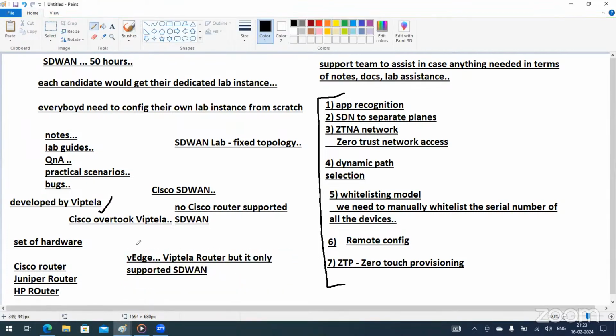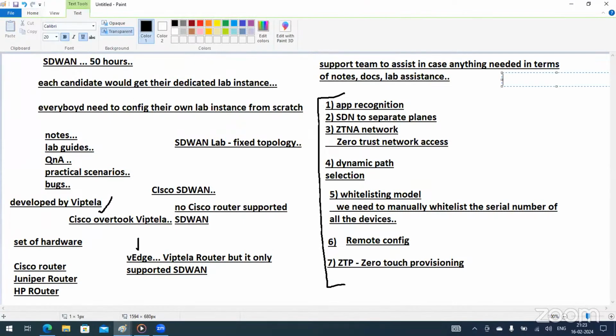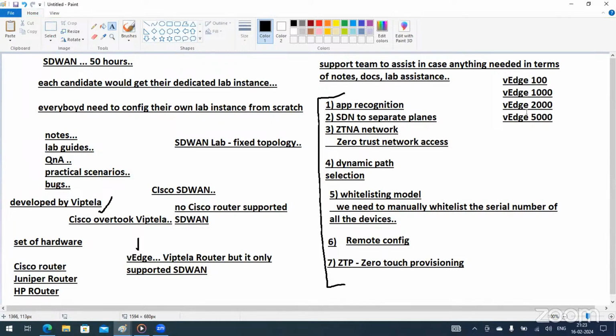There are various models of VH like VH100, VH1000, VH2000, VH5000, just like Cisco, right? Various capabilities of these devices. So when Cisco took over Viptela, I told you no Cisco router supported SD-WAN.